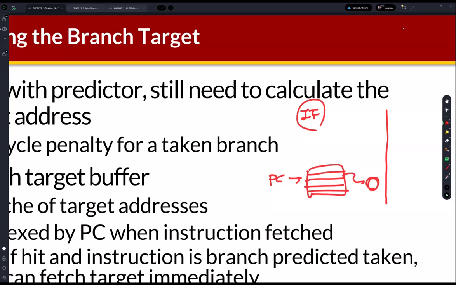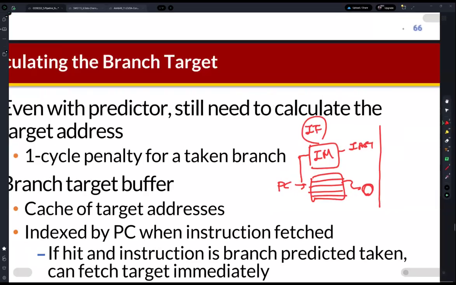Also, using the PC, we can concurrently access the instruction memory, and the instruction is here. So this is the benefit of the branch predictor.